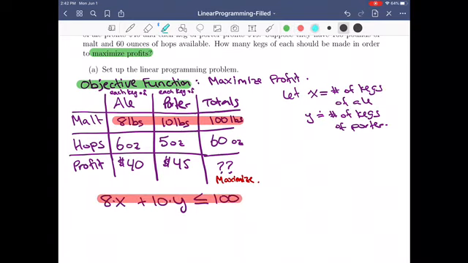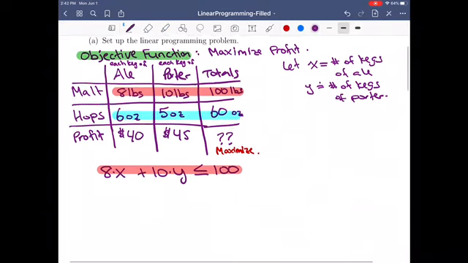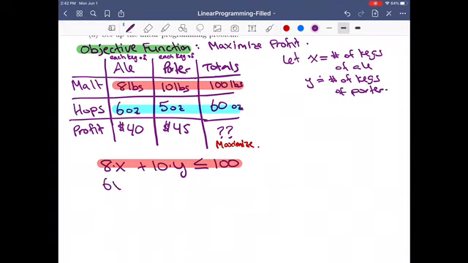The hops has something similar happening. We have 6x plus 5y should be at most 60. Again, 6x is the number of ounces of hops we need to make the ale, and 5y is the amount of hops we need to make the porter.